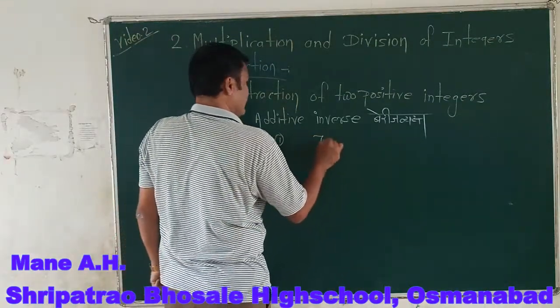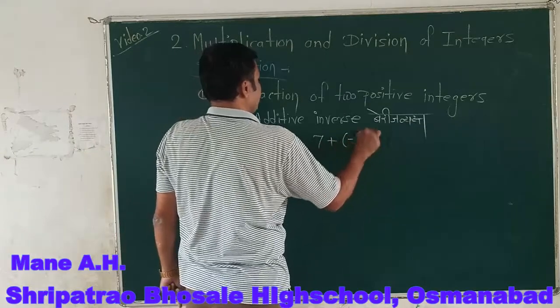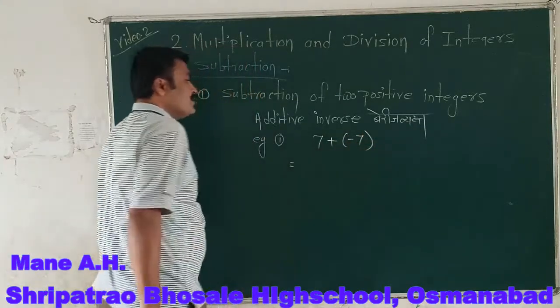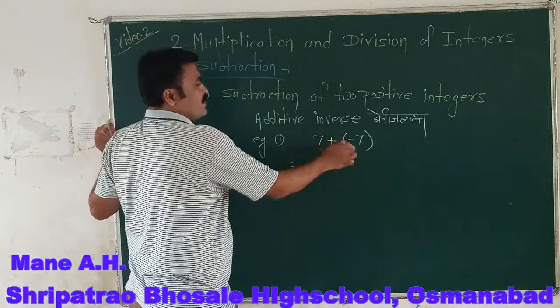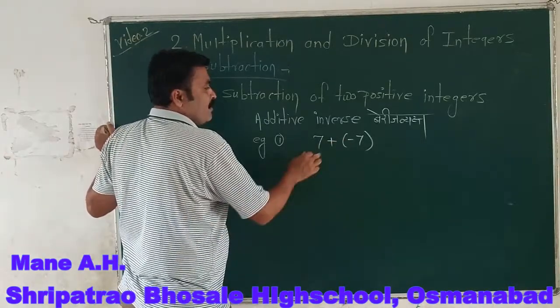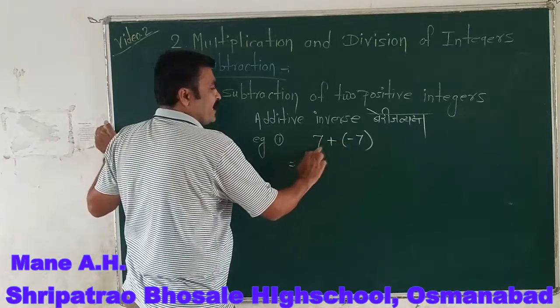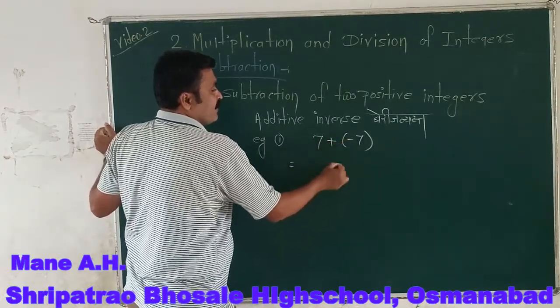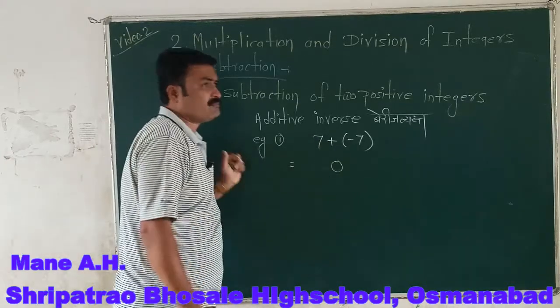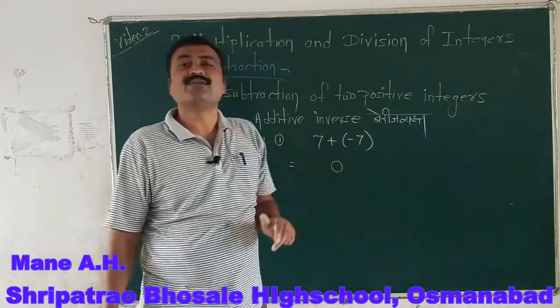मग या ठिकाणी जर मी पाहिलं, लेट्स टेक फॉर एक्झाम्पल 7 + (-7). So here we want to take the addition. This is the addition of one positive and one negative integer. So we take the difference of magnitudes of these two integers. So the difference between 7 and 7, that always gets 0. And we learned that 0 is a neutral number.